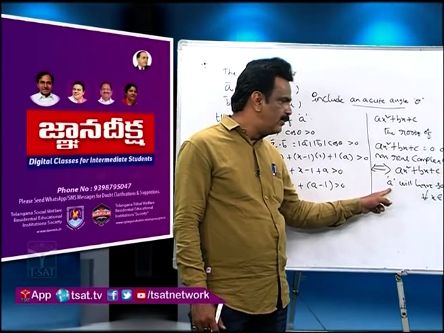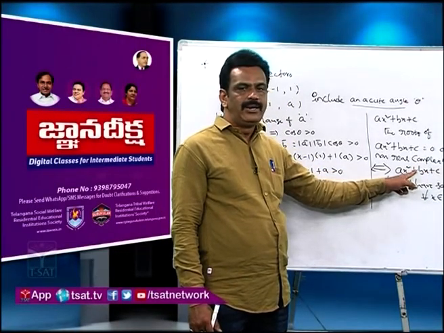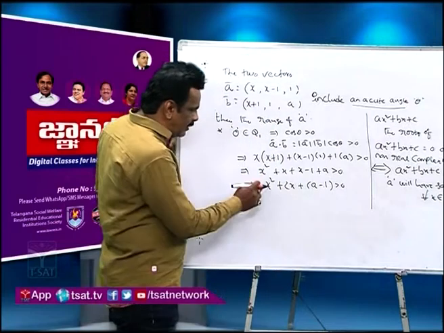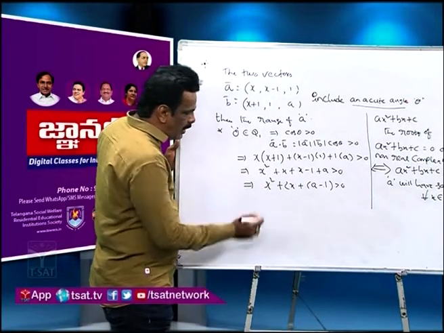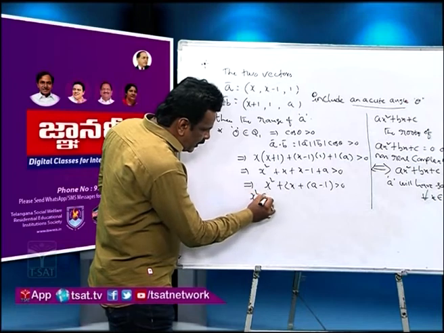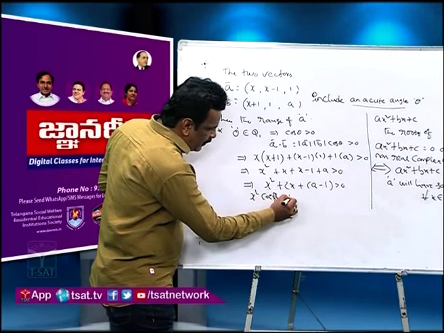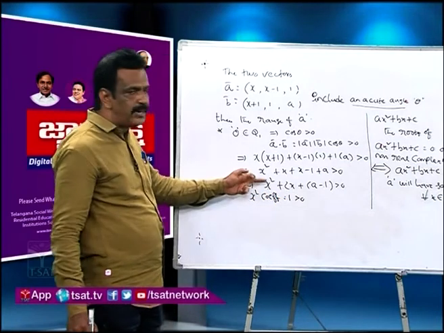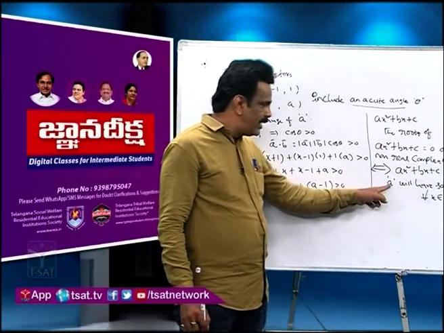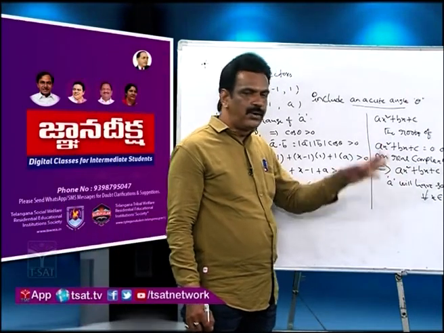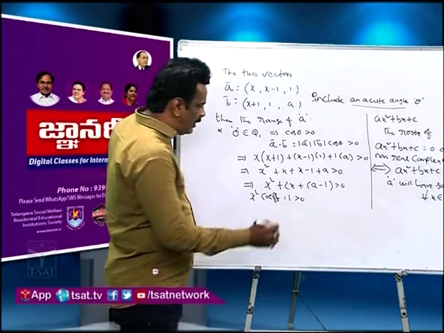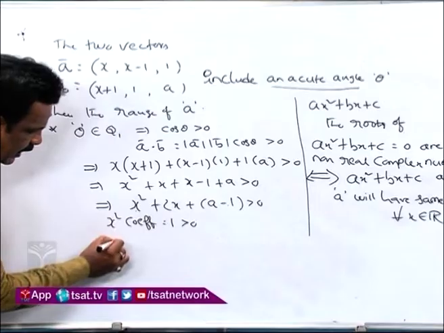If a is negative, then the quadratic expression takes only negative values. So in this case, x square is the quadratic expression, and you identify here the x square coefficient, it is 1, it is positive. Why should I take the x square coefficient? Because here a is the x square coefficient in the quadratic expression or quadratic polynomial. And what about the quadratic expression?